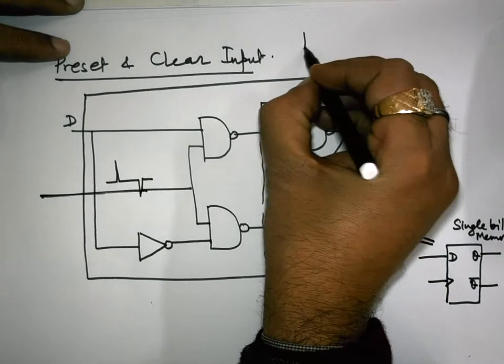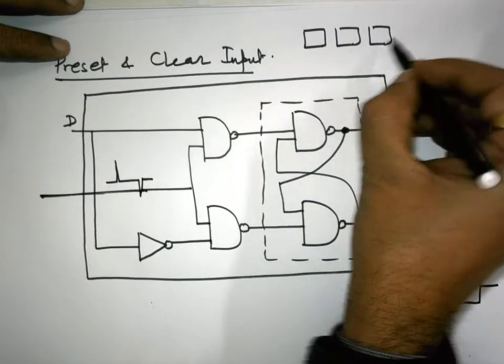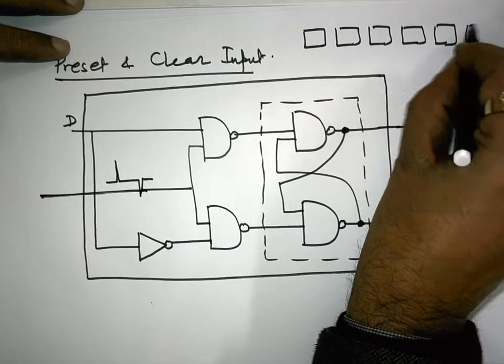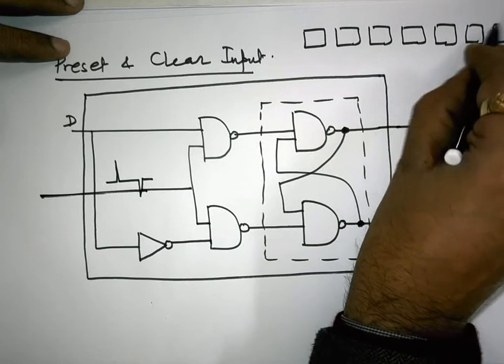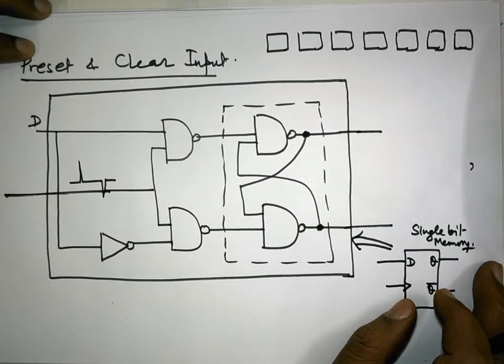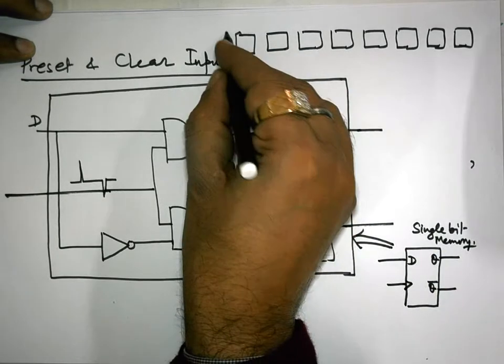Just by making copies of such single bits, if you make 8 copies of such single bit, you are going to design a byte memory, one more bit. Okay.